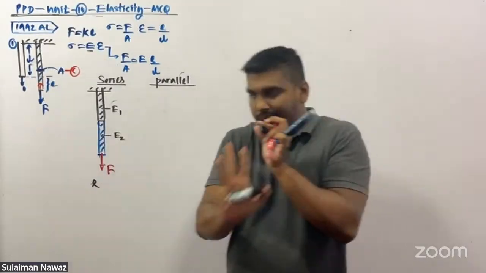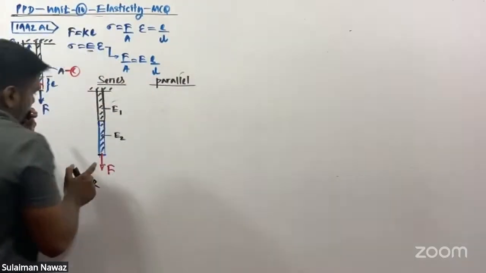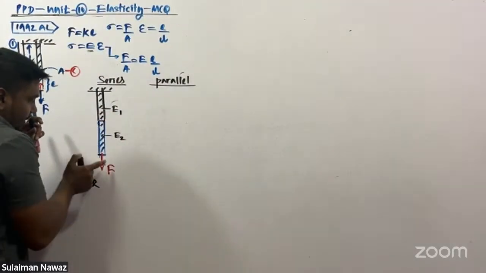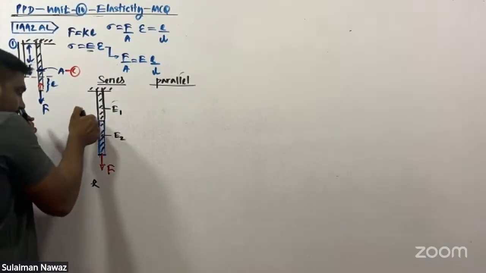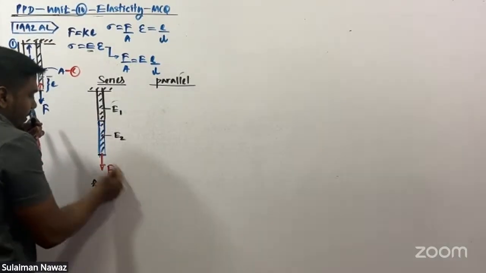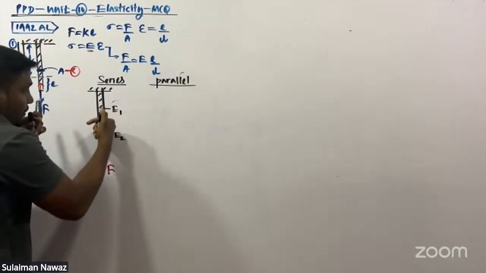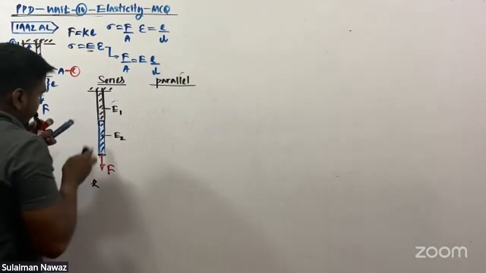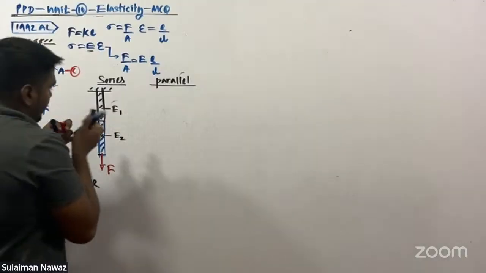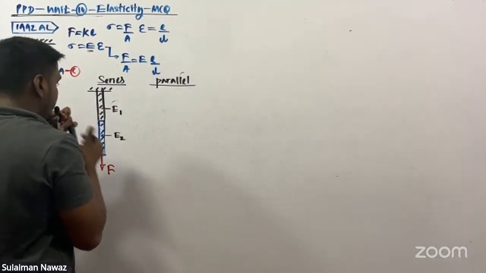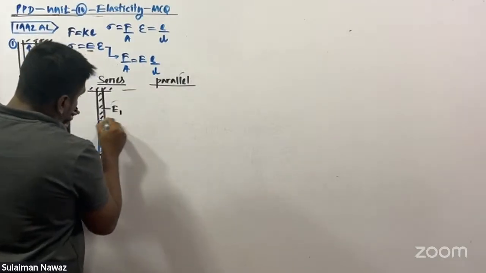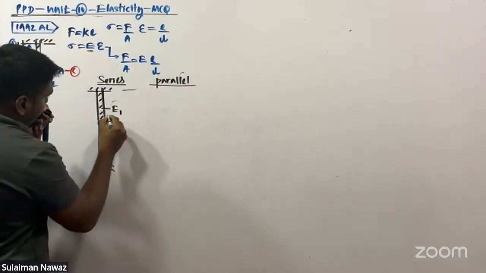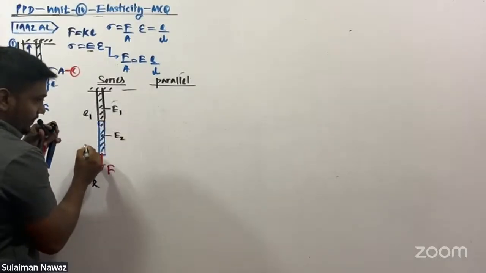Generally, remember, when the rods are in series, the external force acting on both rods is the same. But the corresponding extensions are generally different. When you apply the force, both of them undergo extension. This one's extension is different, and this one's extension will be E2.